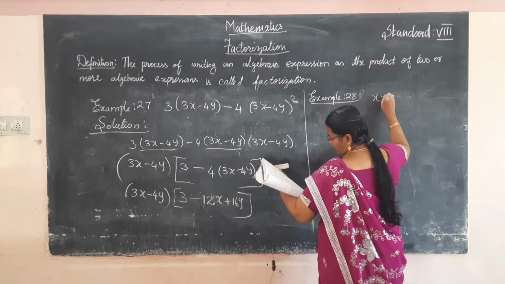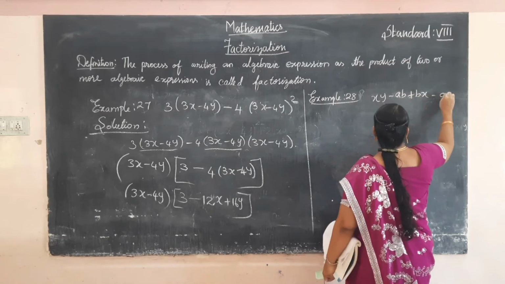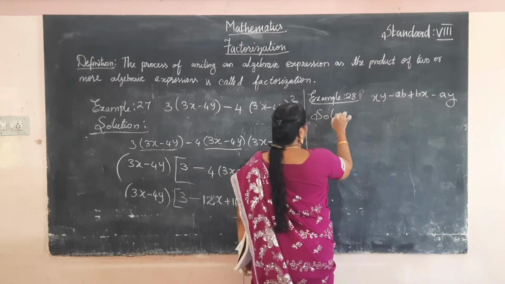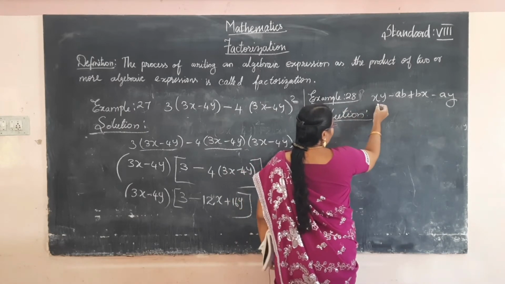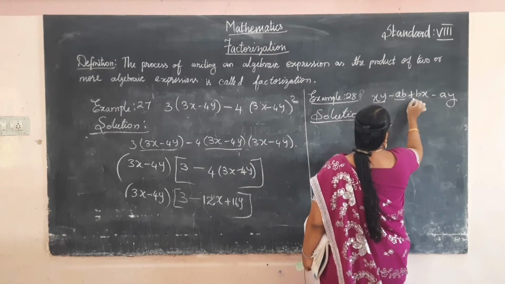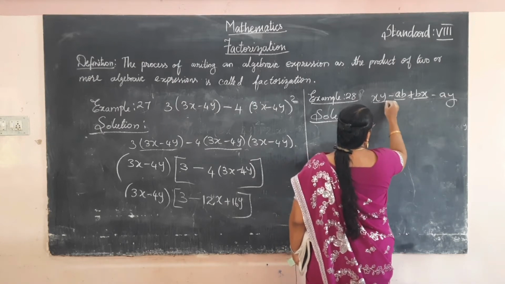Factorize xy − ab + bx − ay. Solution: arrange the like variables. Here a, b, here a, b, x, and here y terms are there.